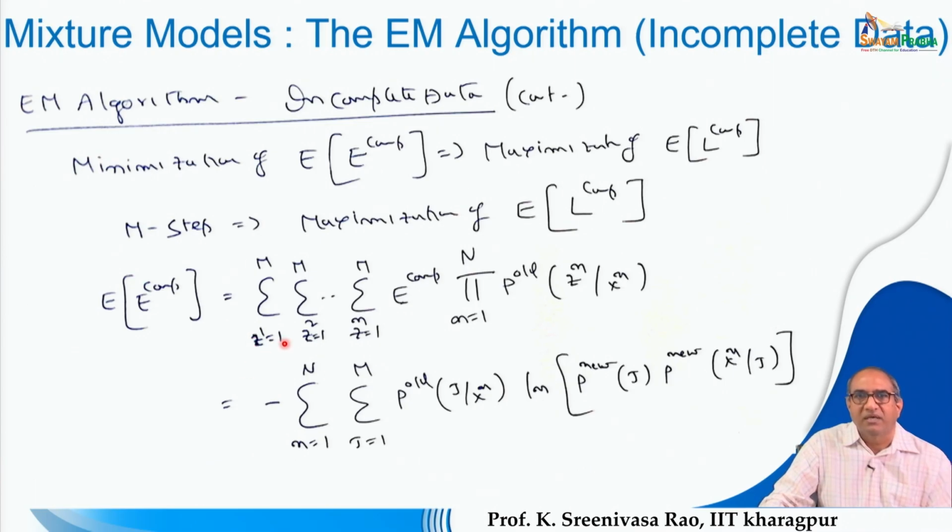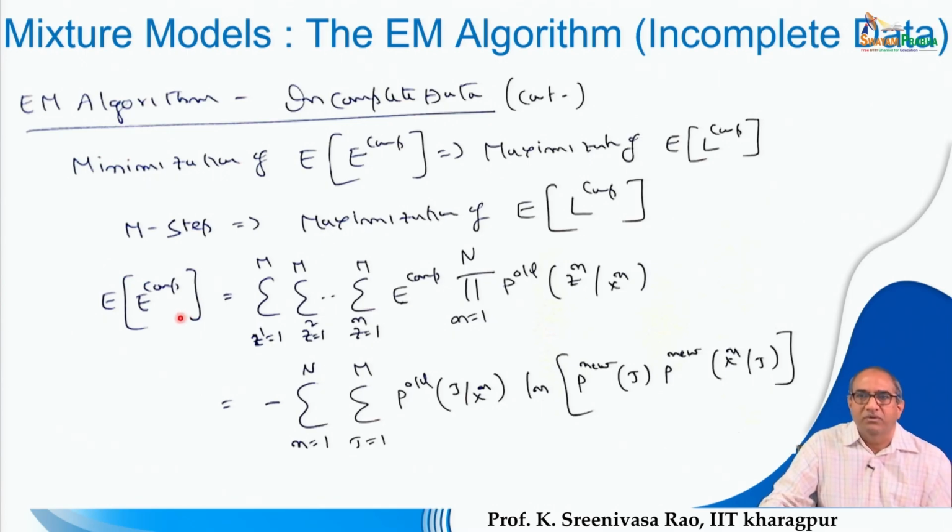So you can write this summation over the label associated with each data point, which can take any of the M values, and then this can be simplified. Finally you get the expression with which you can compute the expected error function value at each iteration.